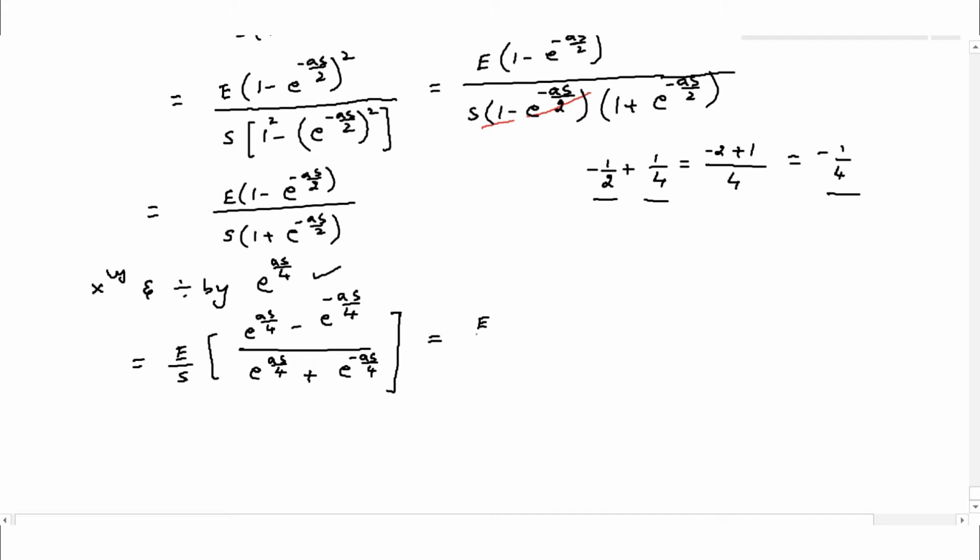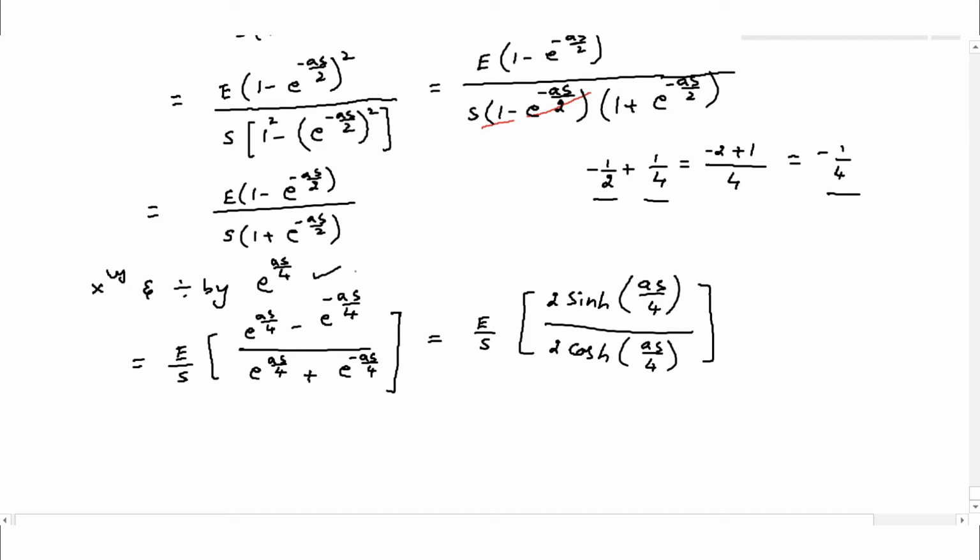Further, if you try to simplify, it is e by s. The numerator value will be 2 times sine h of s by 4, and the denominator value will be 2 times cos h of s by 4. To get this expression, I have multiplied and divided by e power of s by 4.